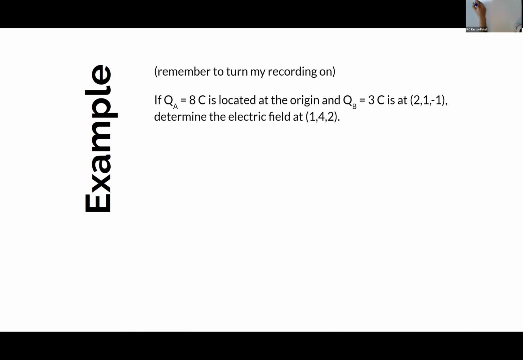I'm going to write down those values. QA is 8 coulombs at the origin, and QB is 3 coulombs at 2, 1, minus 1. What is E at 1, 4, 2?